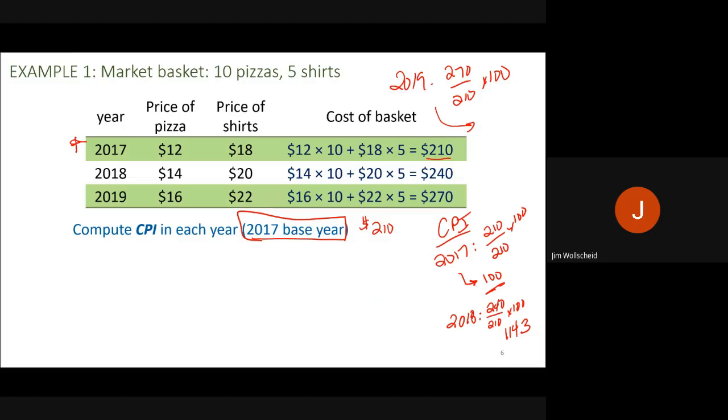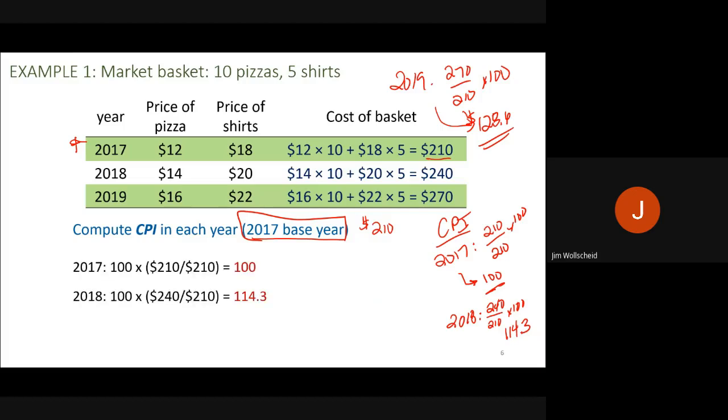And that gets me 128.6. So here's kind of how they did it, and it should match up exactly, hopefully, with what you did.